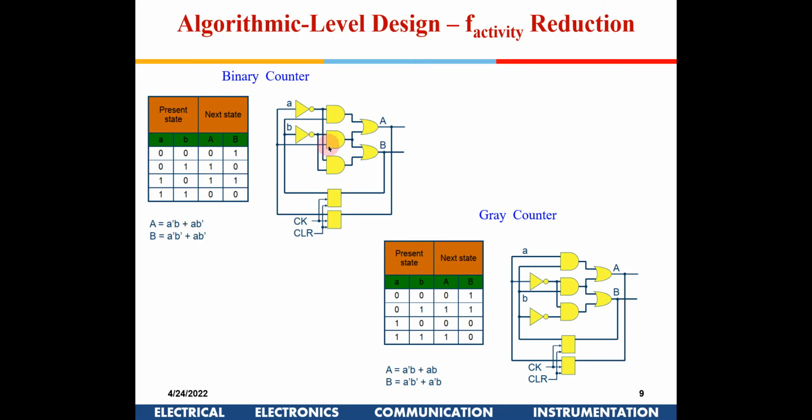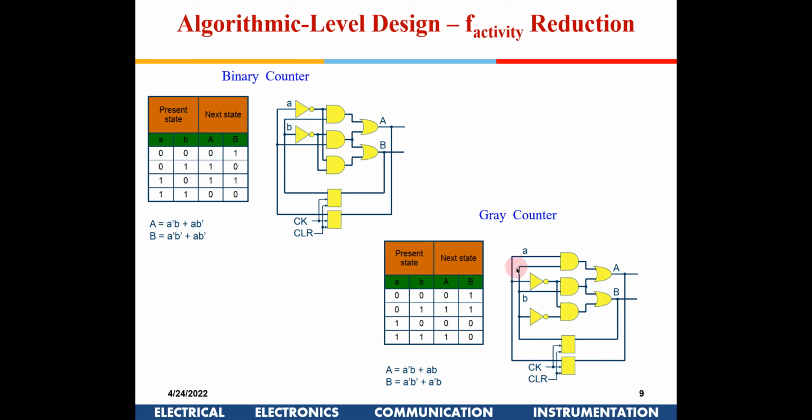You will see hardware-wise both these circuits are almost the same. So if you are implementing a gray counter instead of a binary counter, there is actually no additional hardware penalty. If you see, it is exactly the same. The only thing is the way the outputs are connected is slightly different. This expression and this expression are slightly different.